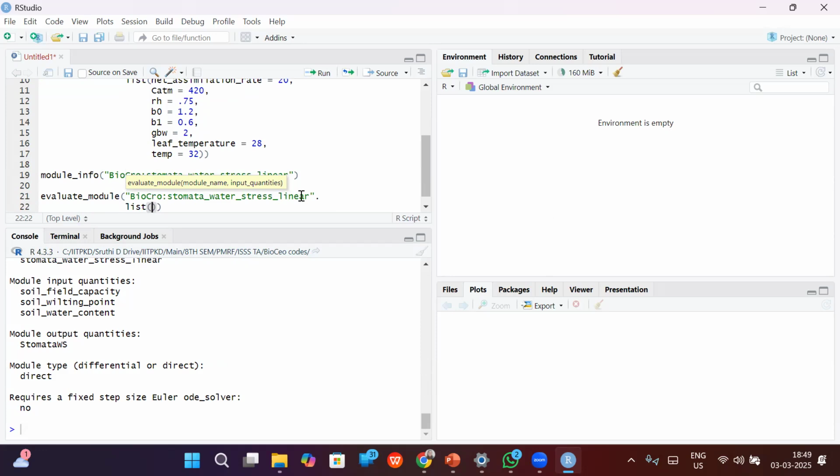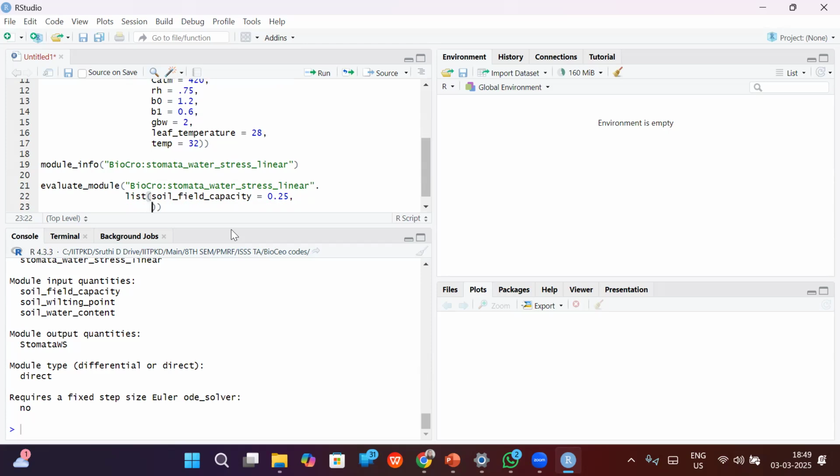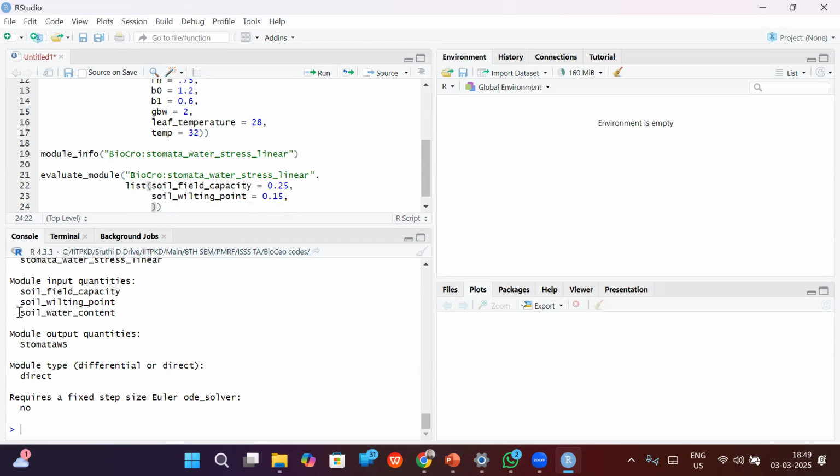Now I have to put the input quantities as soil field capacity, which is equal to 0.25, the value we took in the problem. Then the wilting point is equal to 0.15, comma, and the soil water content is equal to 0.18.